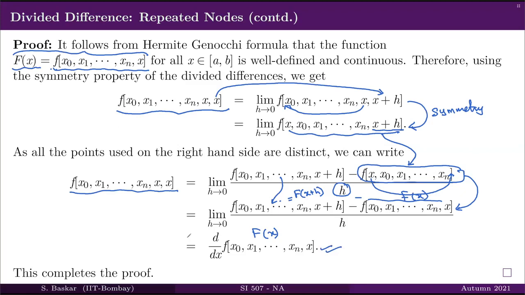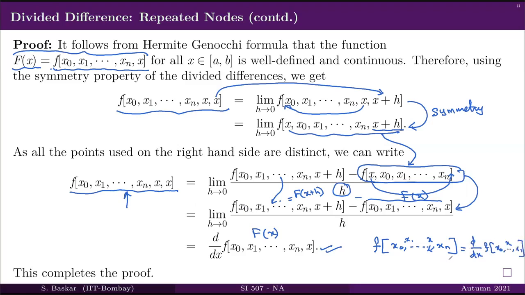Therefore, whenever you are finding the divided difference at some nodes where 2 nodes are repeated, anywhere they are, okay? So anywhere they can be, not necessarily at the end, they can be anywhere. Then you can push them to the last position like this, and then start using this theorem to prove that this is nothing but d by dx of f of x0, up to xn, where x sits anywhere in between.